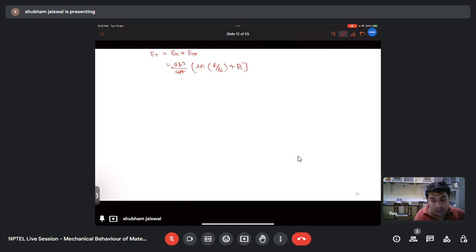And if I write E total is equal to alpha Gb square, here the term other than Gb square is nothing but alpha, and alpha usually ranges from 0.5 to 1.5. So from this equation you can see that G will be constant, alpha will be constant. The only variable is b. So Et is directly proportional to b square.